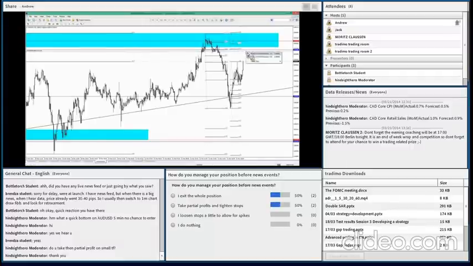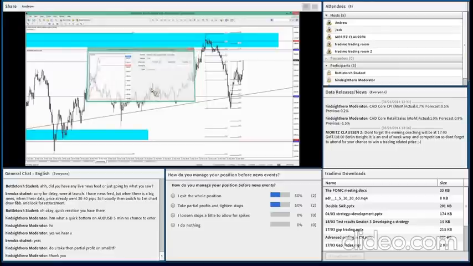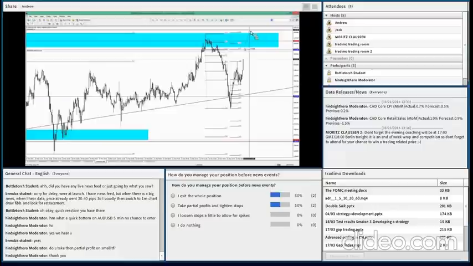Let's go with 85, 70. Okay, so stop about 11 pips, and targets we can kind of look down here. We'll just kind of see how we go.